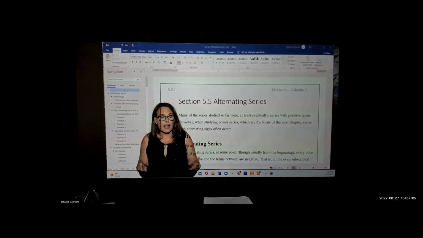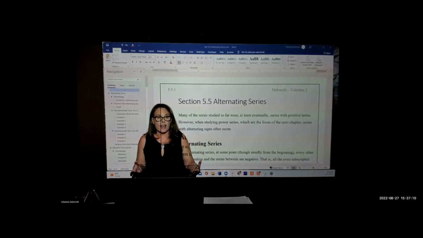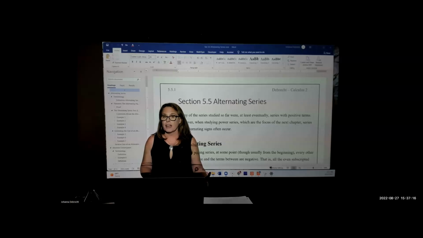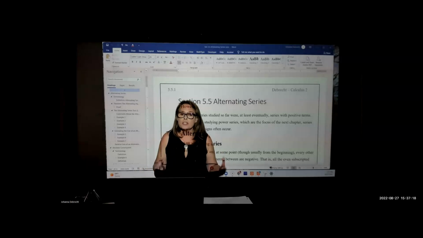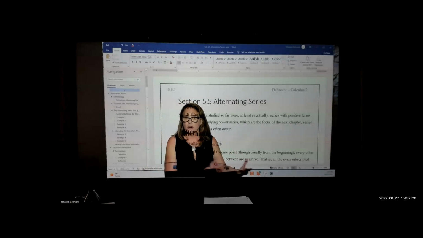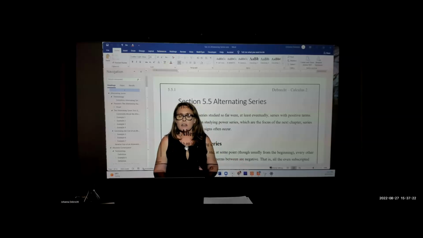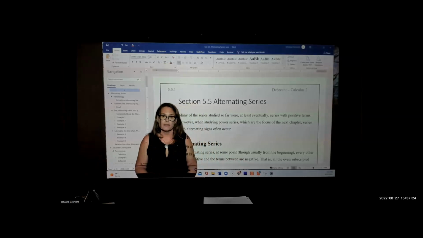But it does turn out, because taking the absolute value produces larger values, always non-negative, that sometimes that series does in fact diverge, but the original series, where at least some of the terms were negative, does converge, and we would call that conditional convergence.